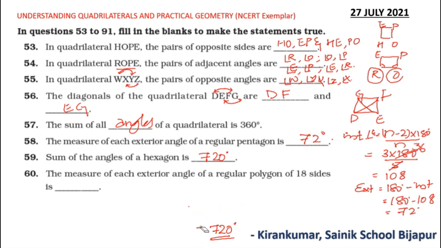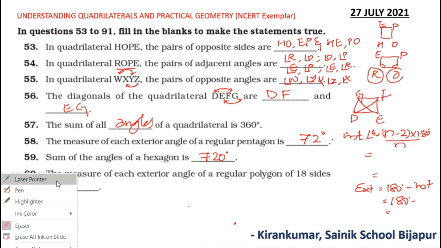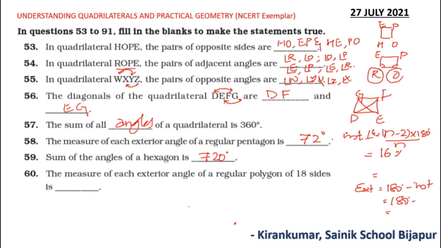So here n value should be taken as 18. When n value is 18, this becomes 16 times 180 divided by 18. So 10 times 16 we get 160 degrees. So the exterior angle will be 20 degrees.